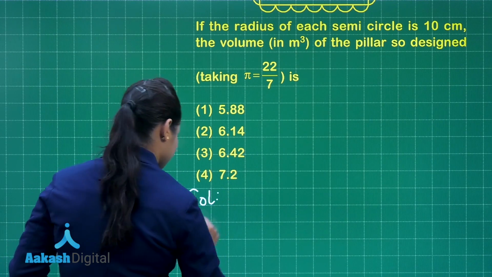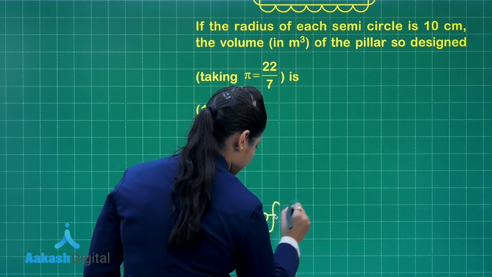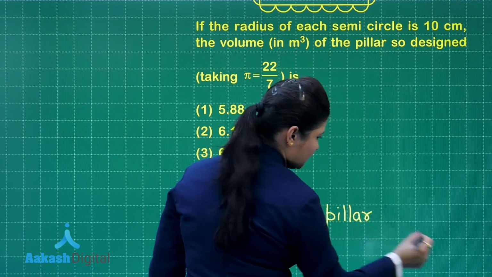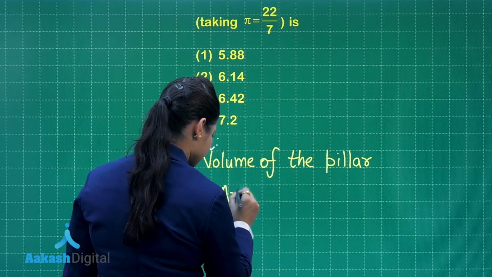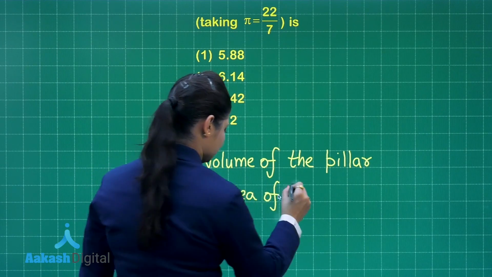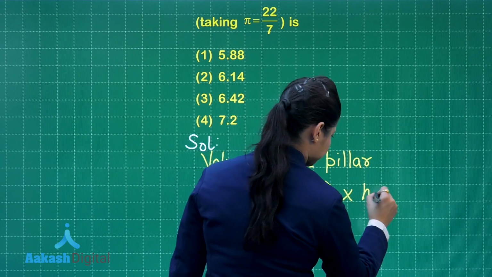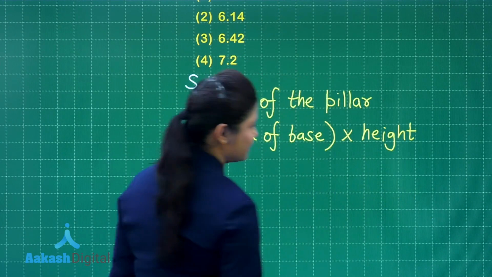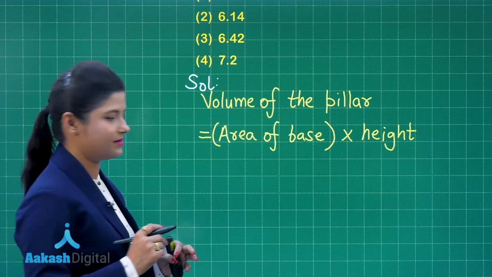So I could write next, in this case, volume of the pillar will be given by area of base into height, where this base consists of square and 28 semicircles.